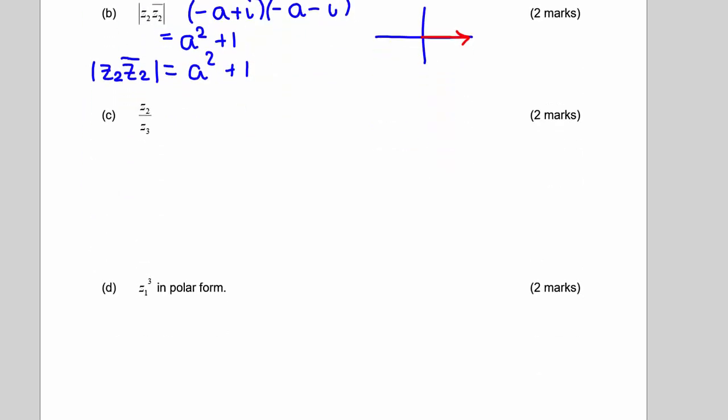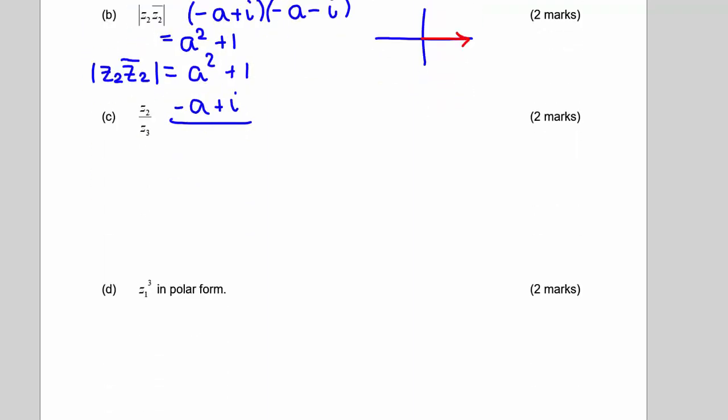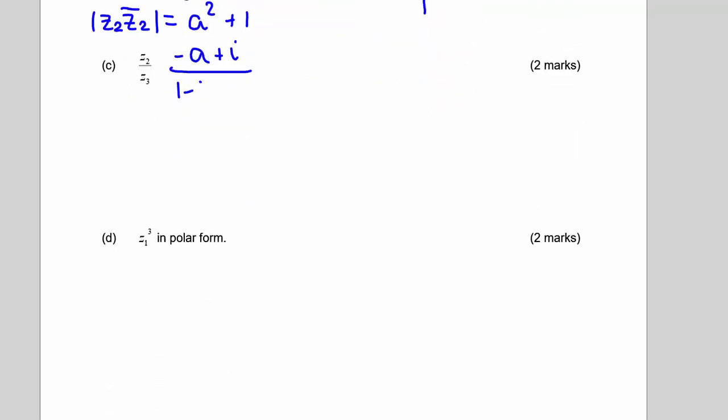Okay, Z2 over Z3. Well, Z2 is negative A plus I. And Z3 from above is 1 take BI. And we want to times that by 1 plus BI.